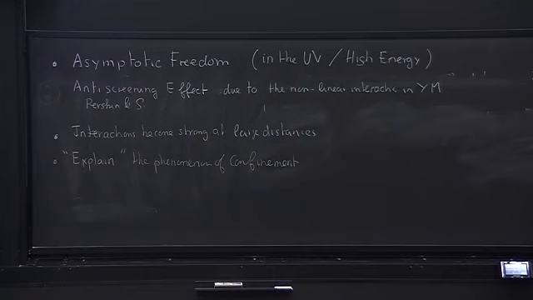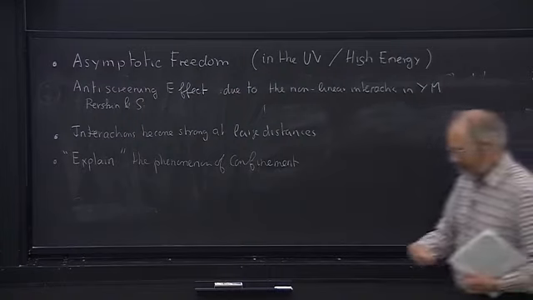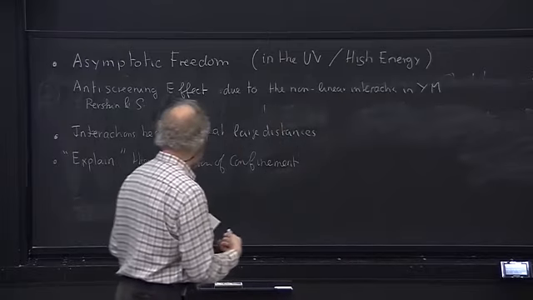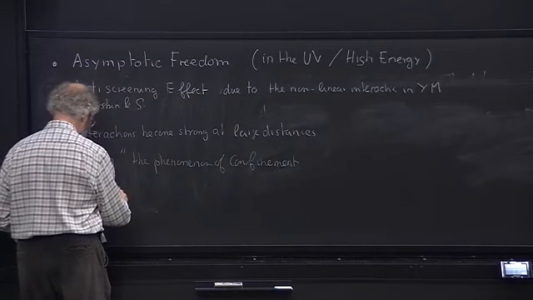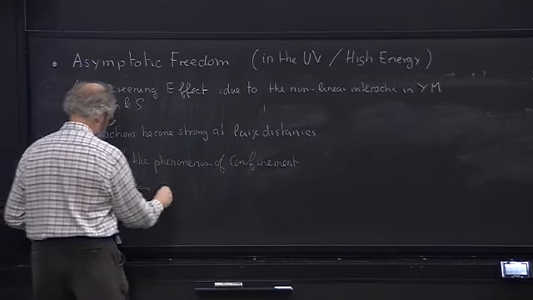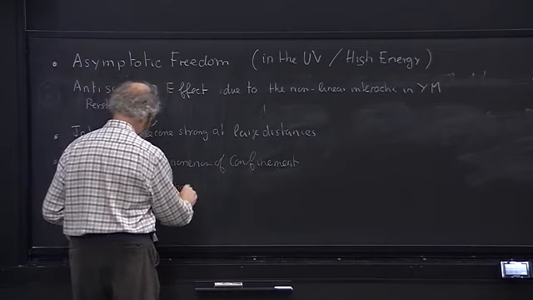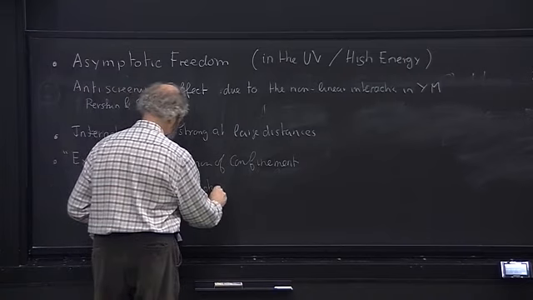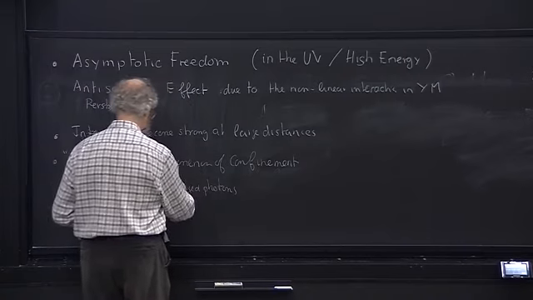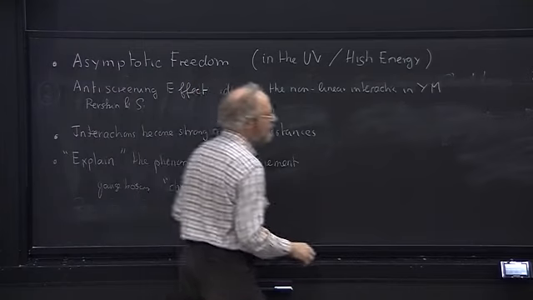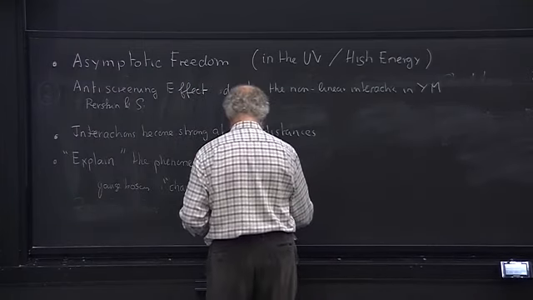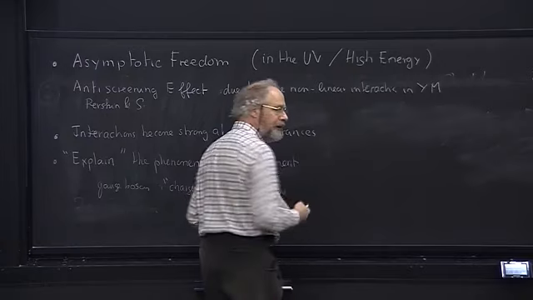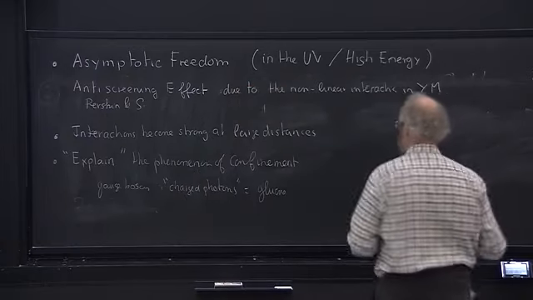The phenomenon of confinement is that although at the microscopic level the theory involves gauge bosons, if you want charged photons, okay. But in the theory of strong interaction, in QCD, they are called gluons, because they glue things together.